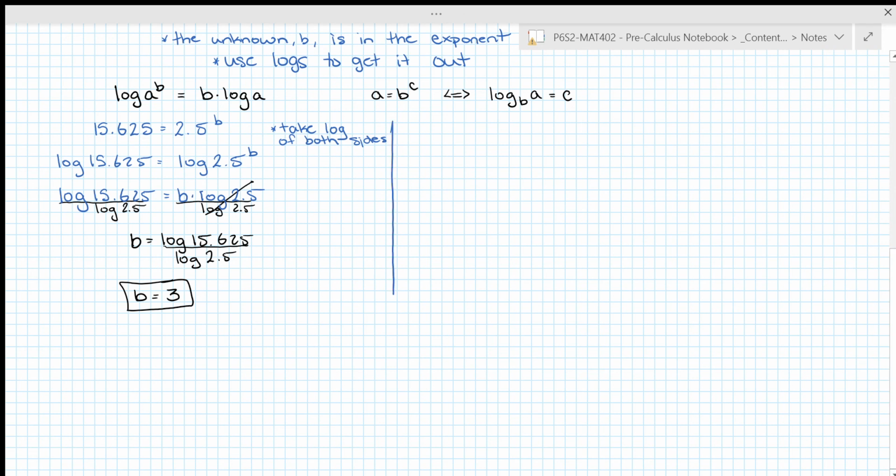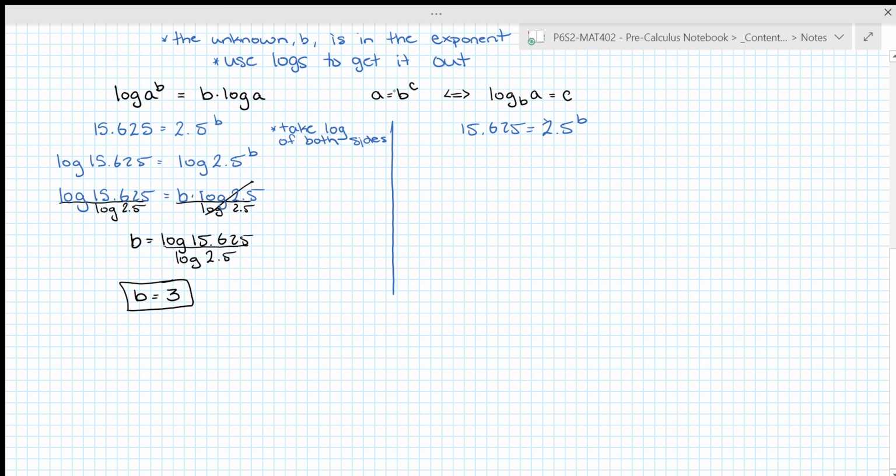Again, you could do the other way, just use the definition of what a logarithm is. So that's just an alternate. I can start with the same thing, 15.625 equals 2.5 to the b power. I have this form, and I can convert it to this logarithmic form.